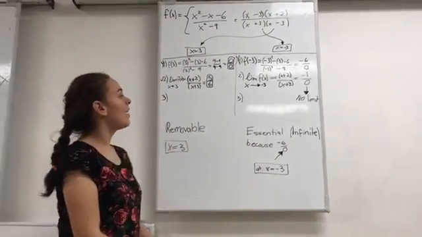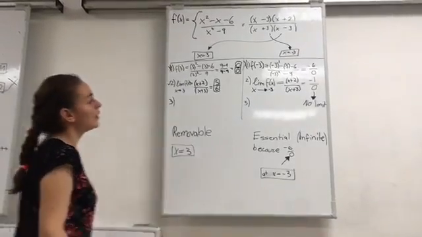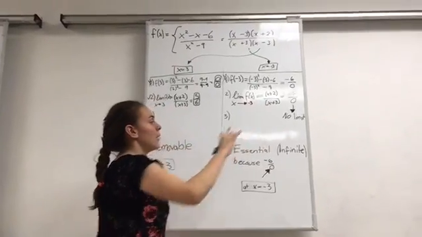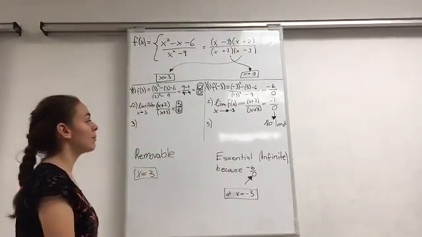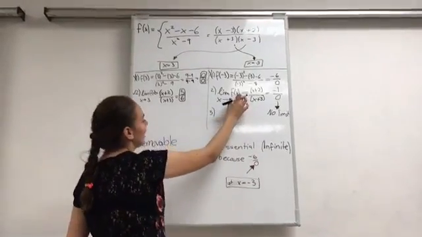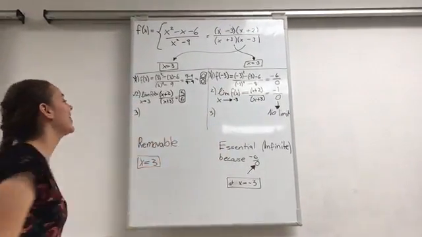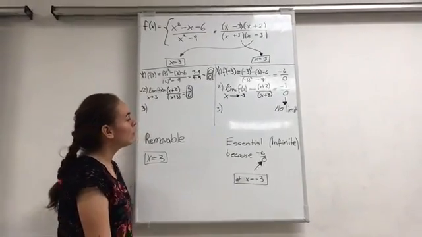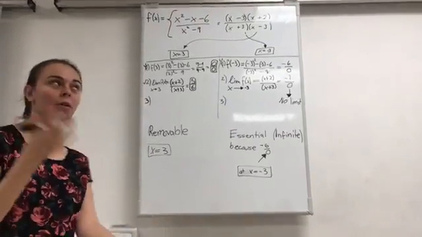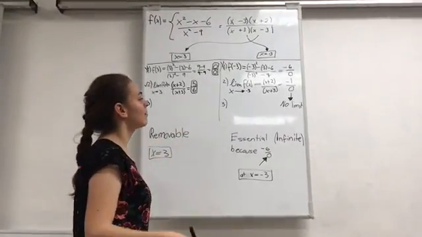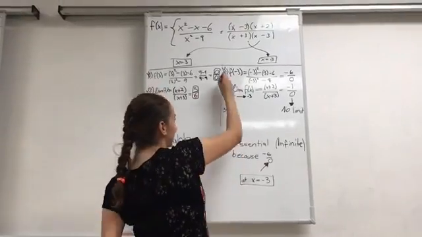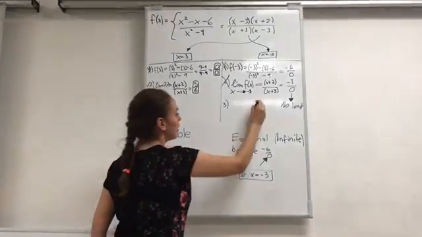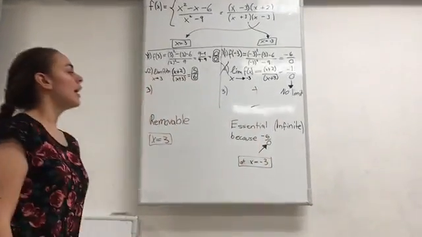In the second step, we have to factorize the original function again, and we have x plus 2 over x plus 3. We replace the minus 3 in the x, and it's equal to negative 1 over 0, which means that there's no limit, because if the 0 is at the bottom, there's no limit. So this one is not complete, and it's an essential infinite discontinuity, because we have to get the positive and negative infinites.